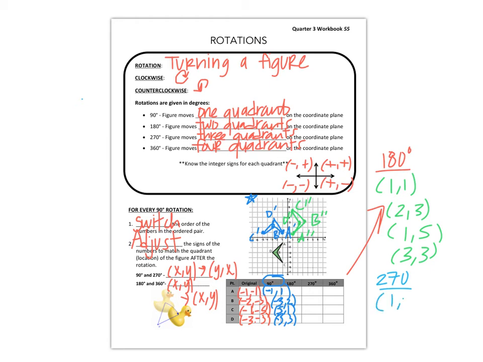So positive x, negative y. Switch x and y, 3, negative 2. It'll be A triple prime, B triple prime, C triple prime is going to be 5, negative 1. And finally, we'll have 3, negative 3.